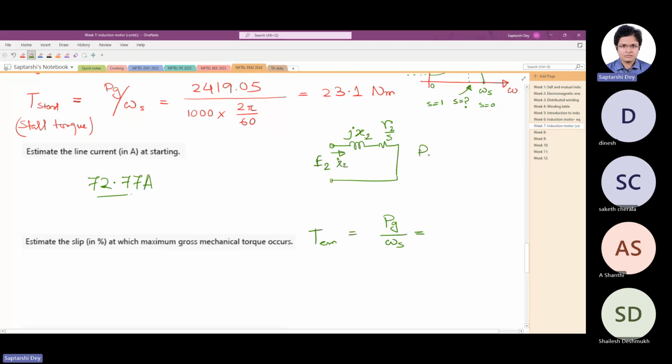So the gap power PG, the input power to the rotor circuit, is nothing but 3 times I2 squared R2 by S. Right. So PG is 3 I2 squared R2 by S, divided by omega S. Right.